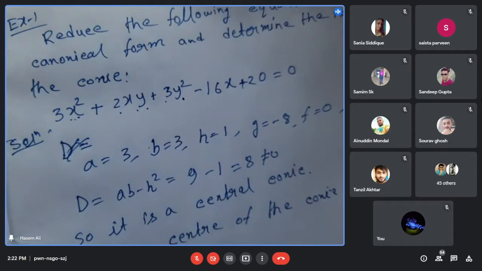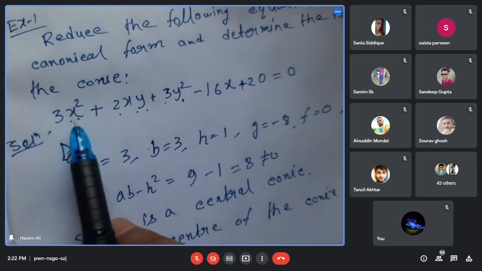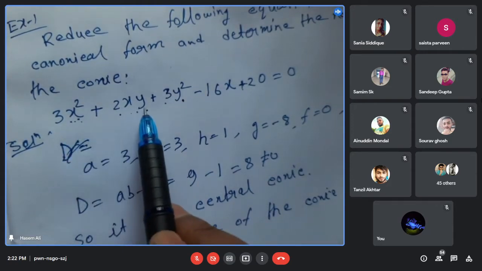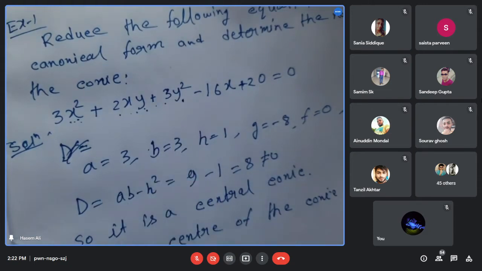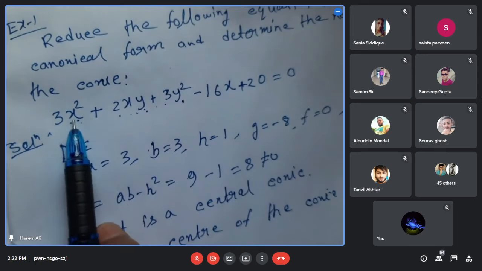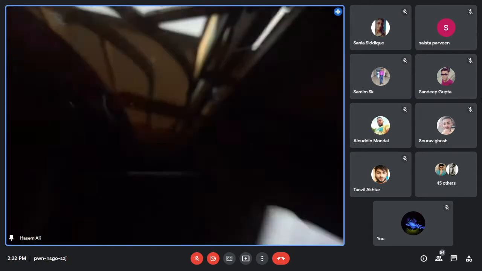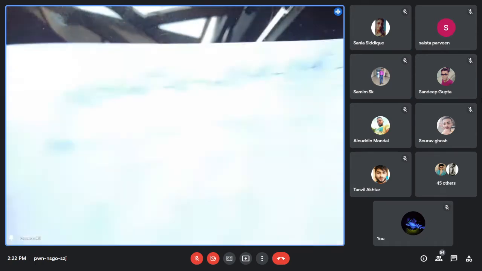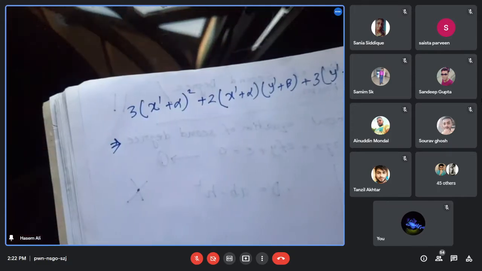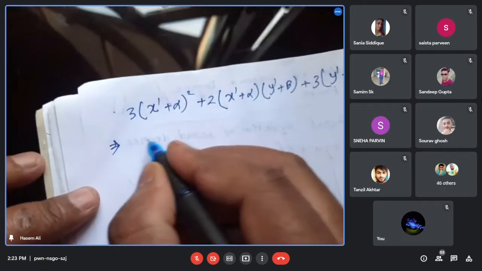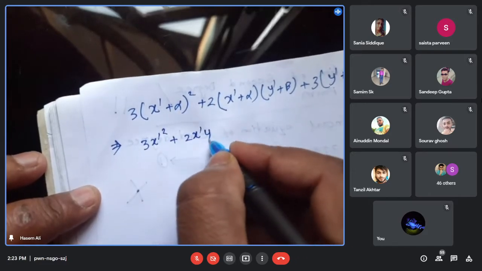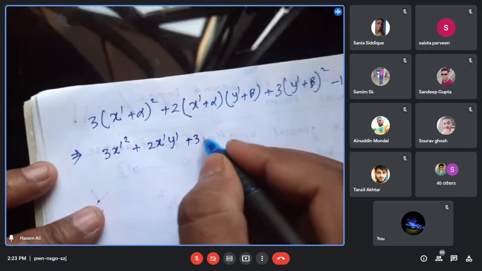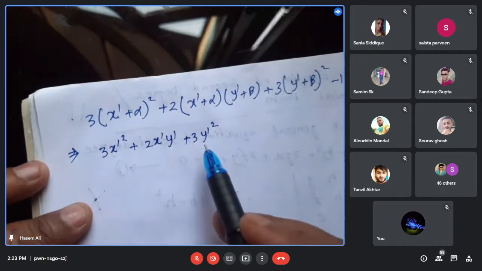The coefficients will not be changed, only the variables will be changed. So the new equation will have 3x dash square plus 2x dash y dash plus 3y dash square. Is it clear?